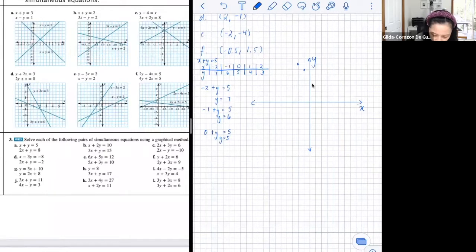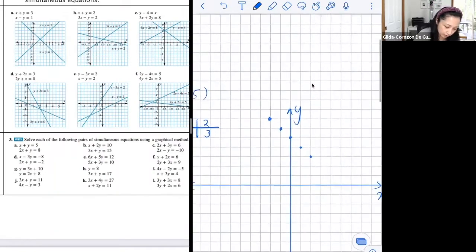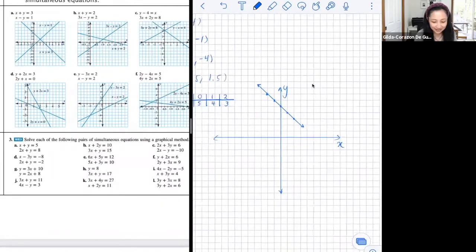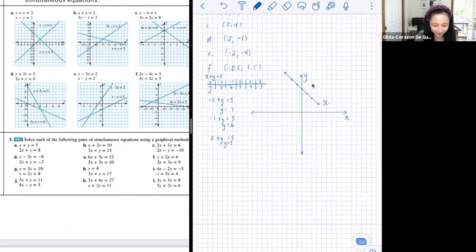Then we've got 0, 5, 1, 4. And then we've got 2, 3. So that our line would be, I can do this. See, patience is a virtue. And then you want to label that this is x plus y equals 5.